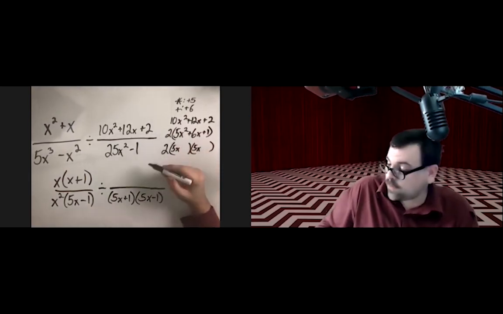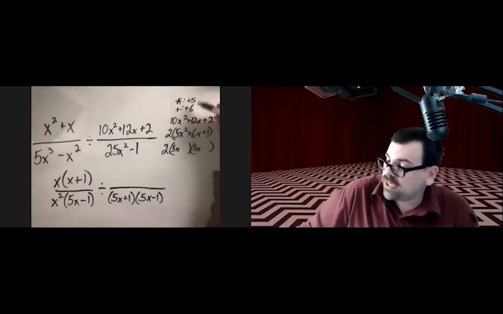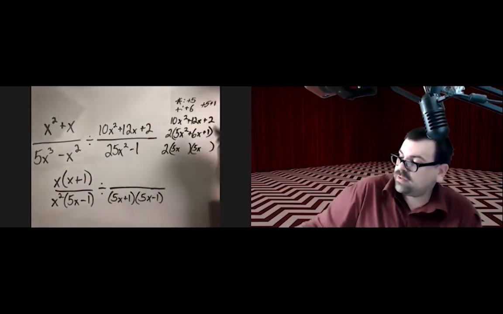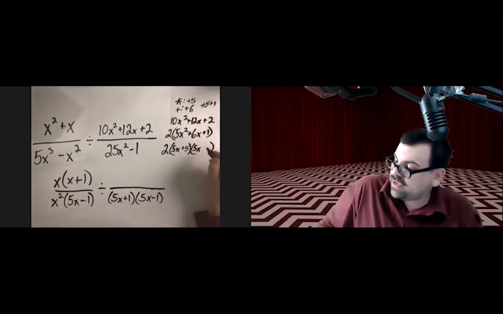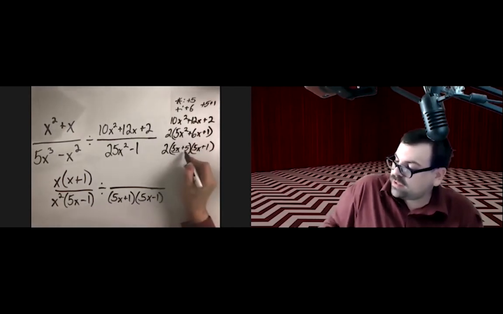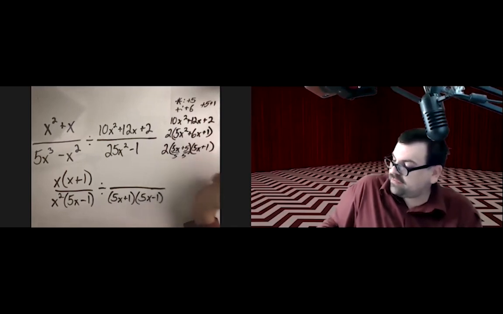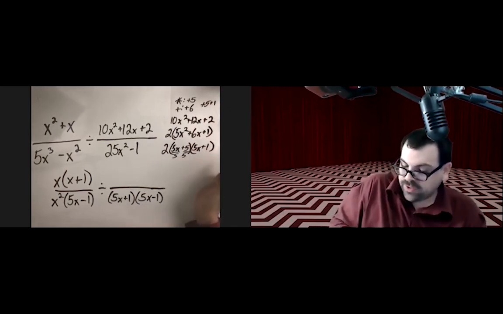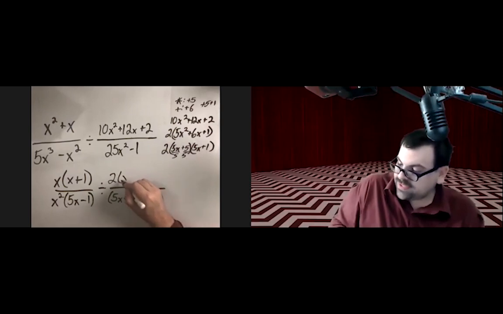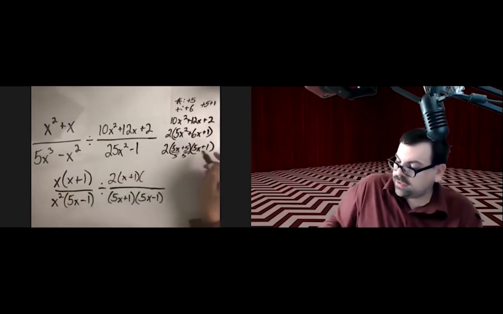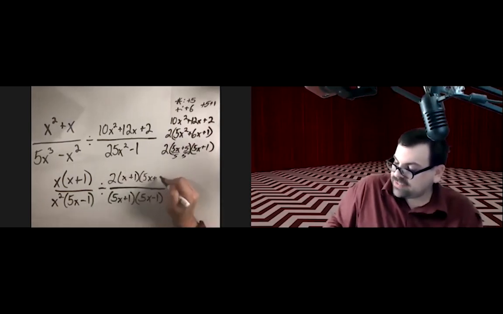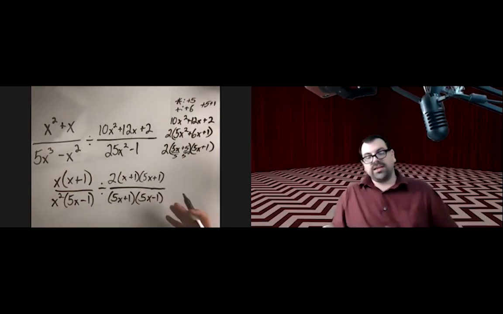We need it to be 5x squared. The numbers that multiply to positive 5 and add to positive 6 are plus 5 and plus 1. Put in a plus 5, put in a plus 1. This one divides by 5 for our corrective step, and we're left with 2 times x plus 1 times 5x plus 1.